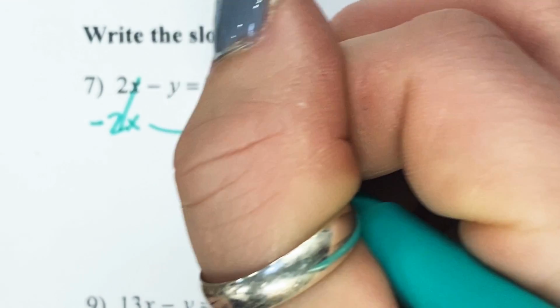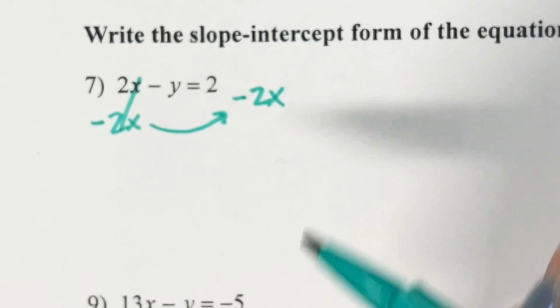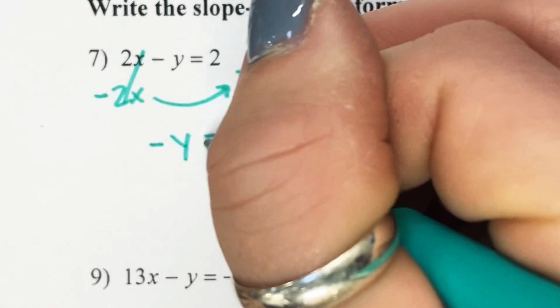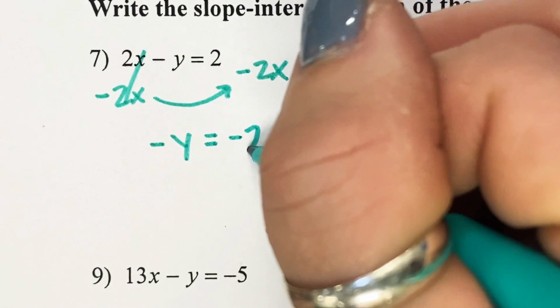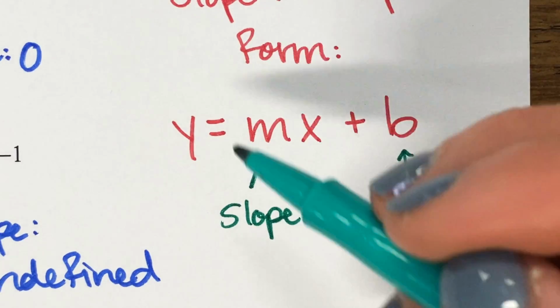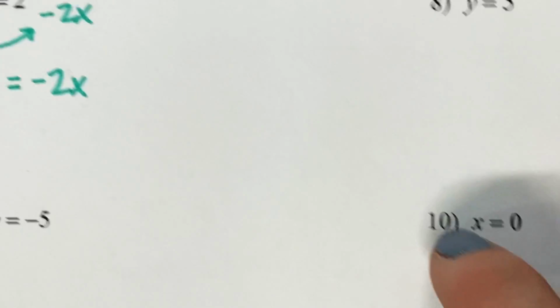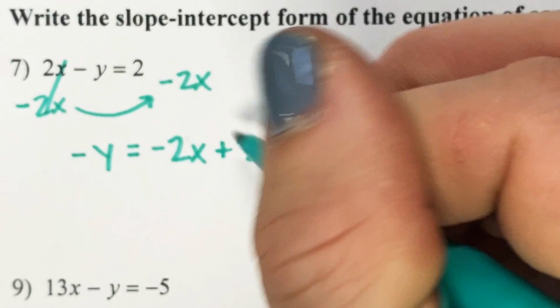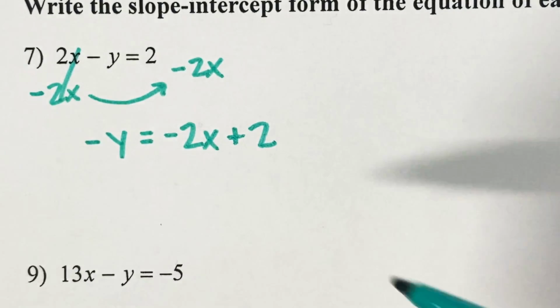So that gets rid of it over there and moves it over there. I am left with negative y equals negative 2x, because we always want to write our term with our x first. Positive 2, which was already over there, comes next.